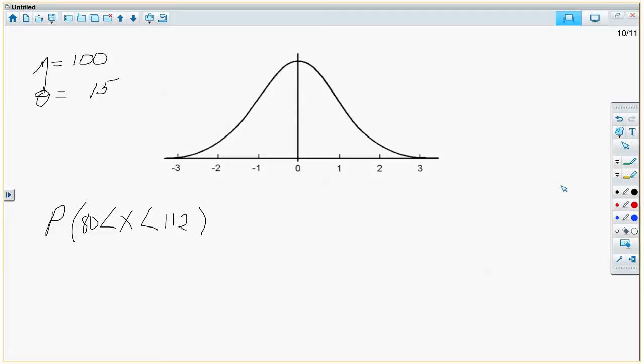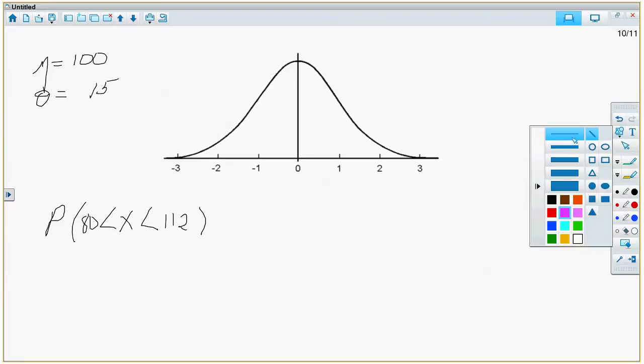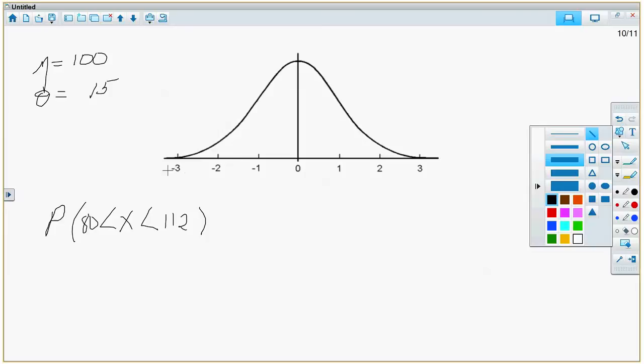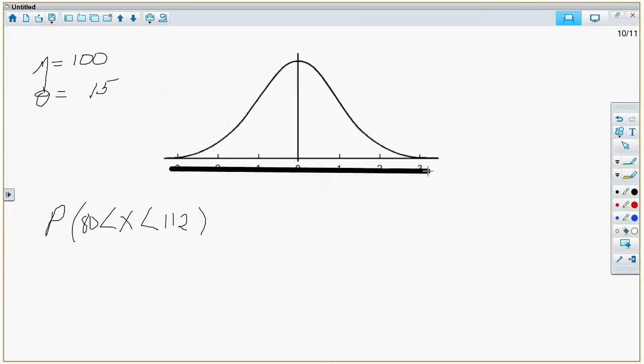Now, the first thing you've got to do is draw a picture. So that means that your zeros and ones are going to be taken out. You've got to start again. So take these out and draw another picture.